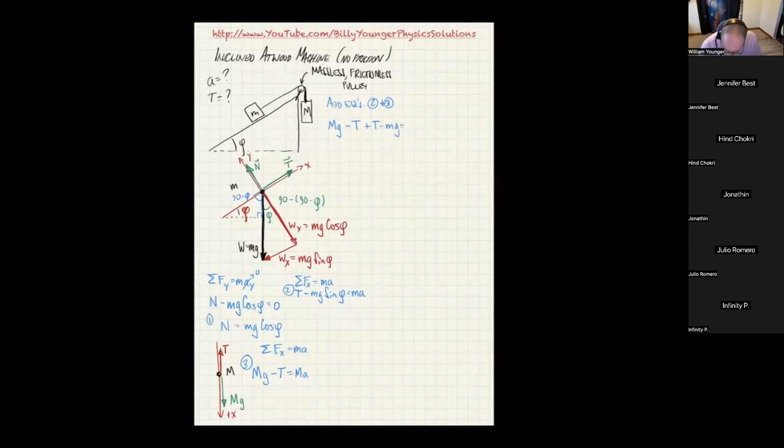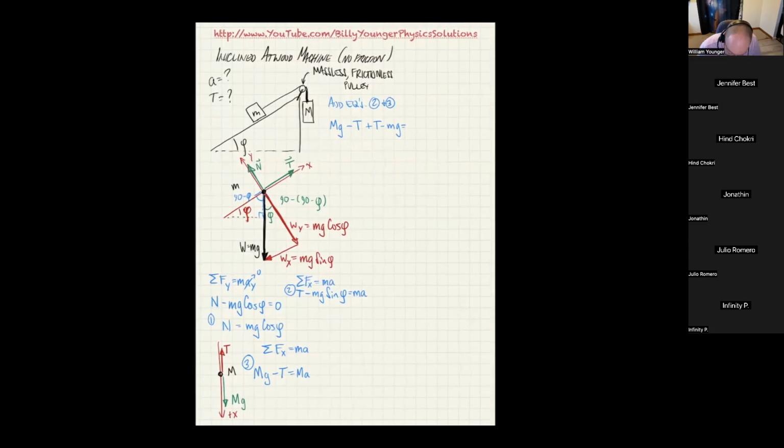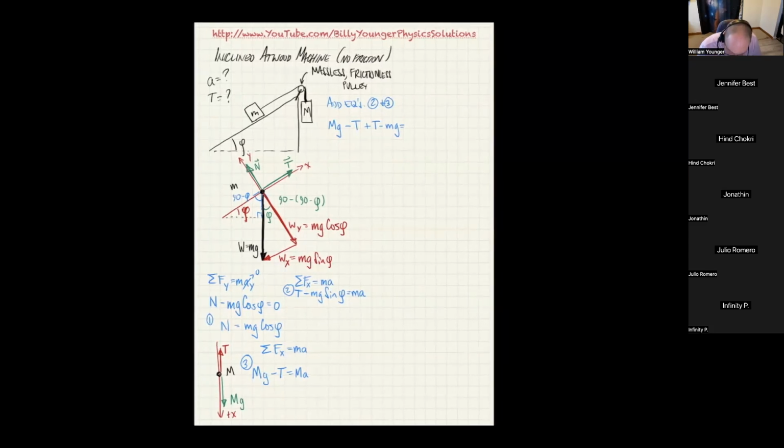All that's equal to little ma plus big Ma, which obviously has a common term of a. So I'm going to factor out that common factor of a, and just call this M plus little m times a.